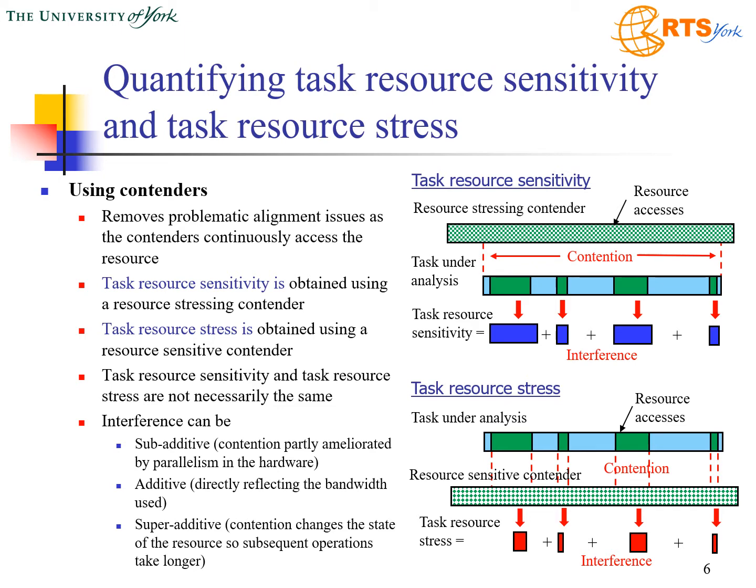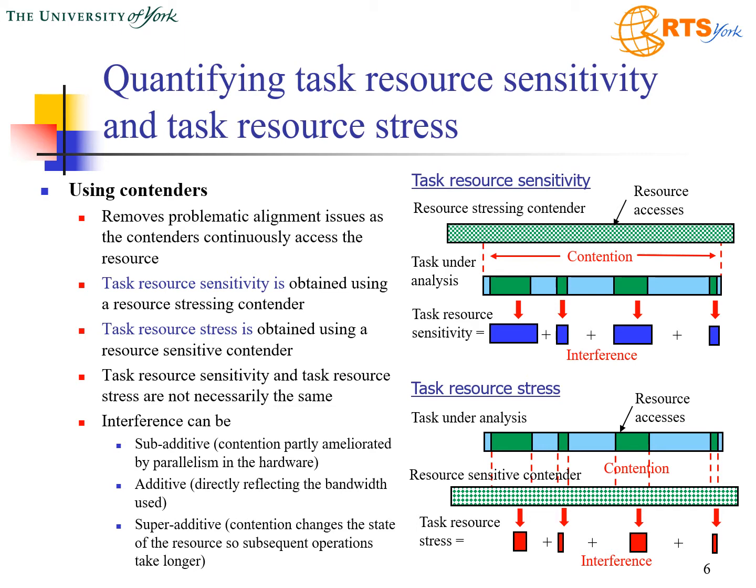So, looking at the top diagram on the slide, we can obtain the resource sensitivity of a task by running it in parallel with a resource stressing contender. The resource stressing contender continually accesses the resource, causing contention, and this increases the execution time of the task by an amount that we refer to as the task resource sensitivity.